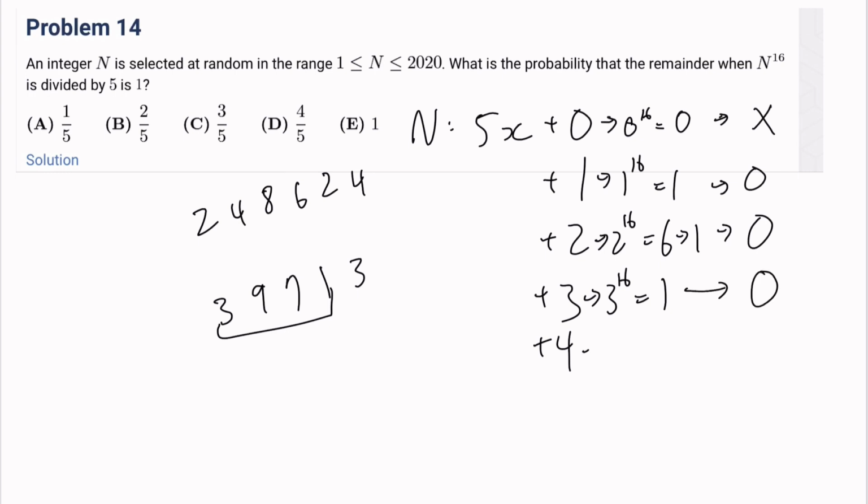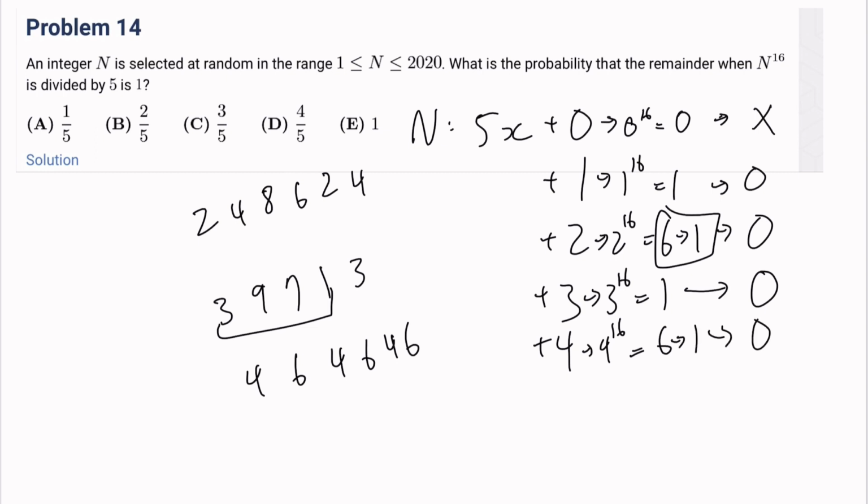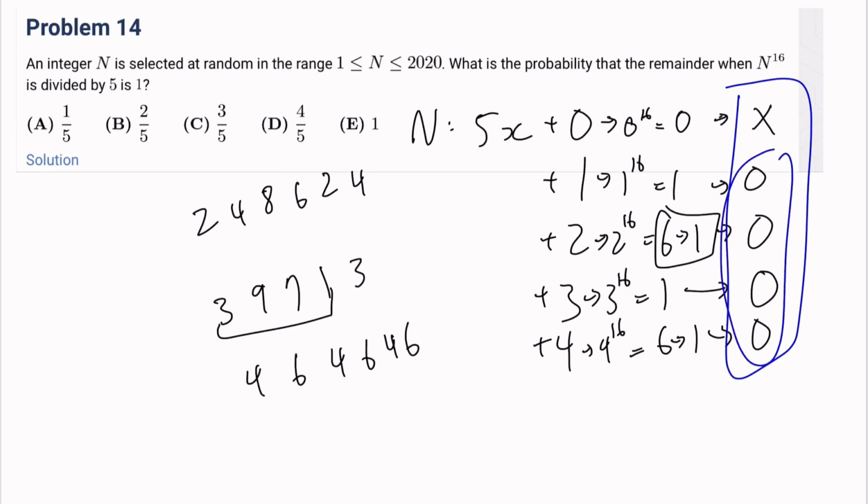And for 4, this is 4 to the 16th power, so 4 to the first power is 4, and then 16, and then 64, so 4, 6, 4, 6, 4, 6, like that, right? And so 16 is an even number, so this also ends in 6, and by the same logic, the remainder will also be 1, so this one also counts. So of our 5 possibilities, 4 meet this condition, so this is 4 out of 5.